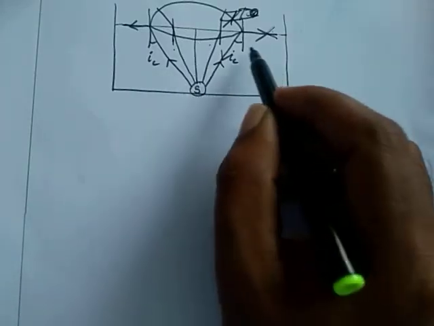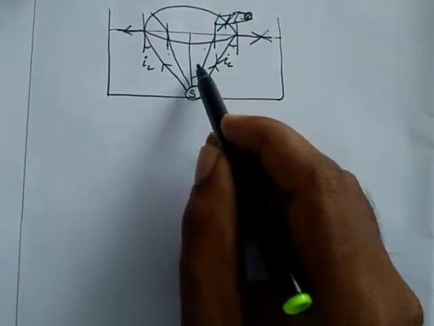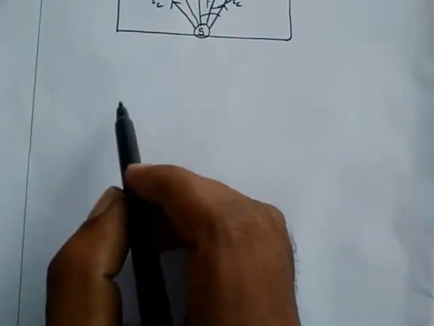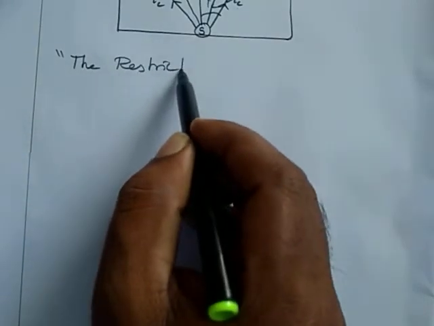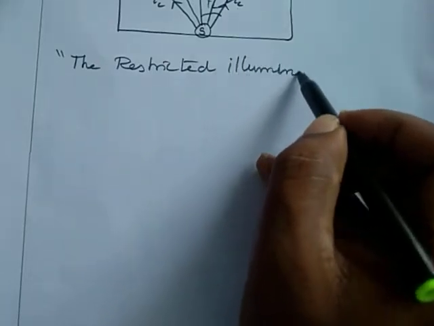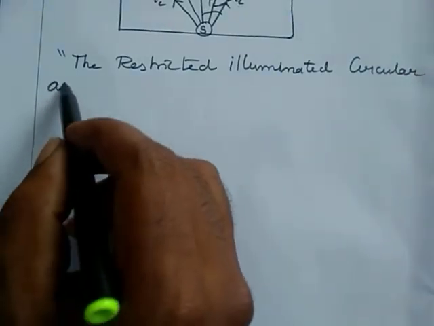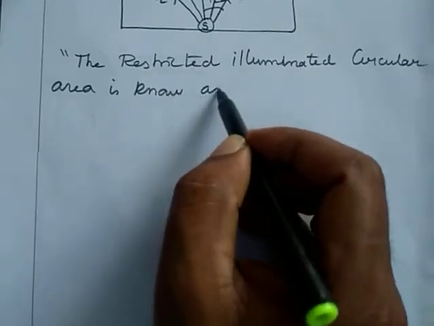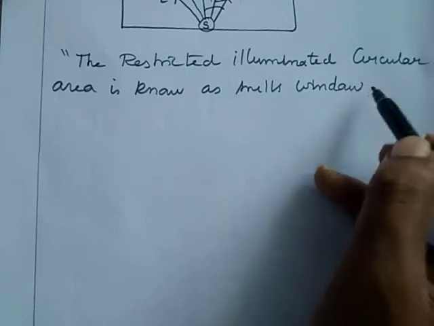This is IC, this is also IC. The restricted illuminated circular area is known as Snell's window, or radius of illumination.